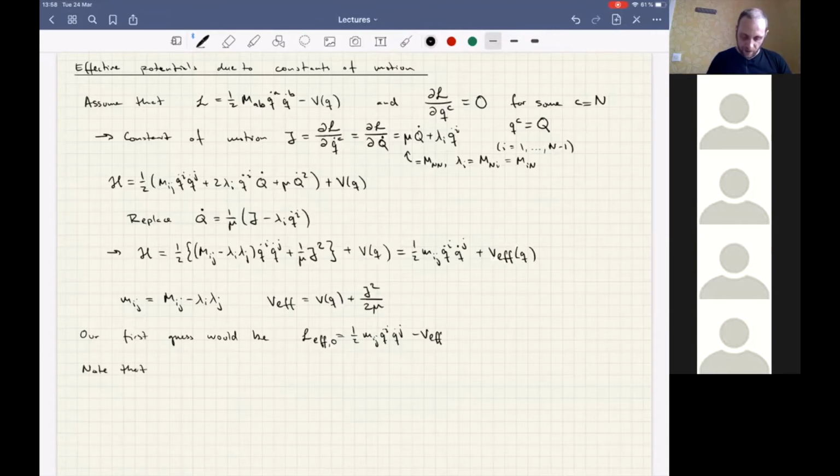So in order to do that, we're going to note that any effective Lagrangian of the following form, so if I take 1/2 Mij q dot I q dot j minus the effective potential, but I also add a term of the form q dot I times some function kappa I that only depends on the coordinates q, then this is also going to lead to the exact same Hamiltonian being conserved.